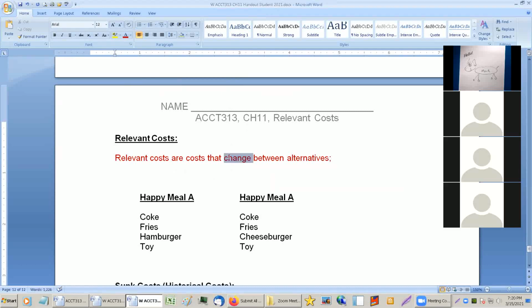Relevant costs are costs that change between alternatives. So for anything to be relevant, it has to change between the alternatives.